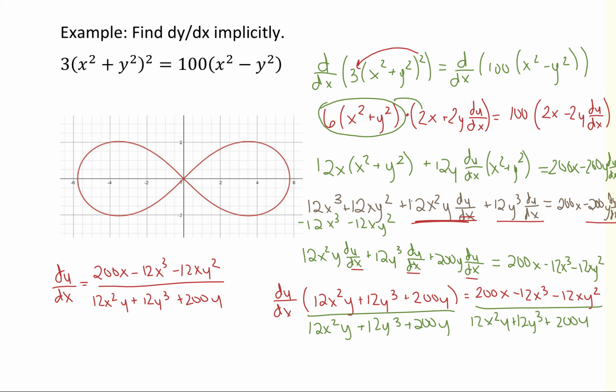All of these are divisible by 4, so we could divide out a 4 and actually have (50x minus 3x cubed minus 3xy squared) all over (3x squared y plus 3y cubed plus 50y).